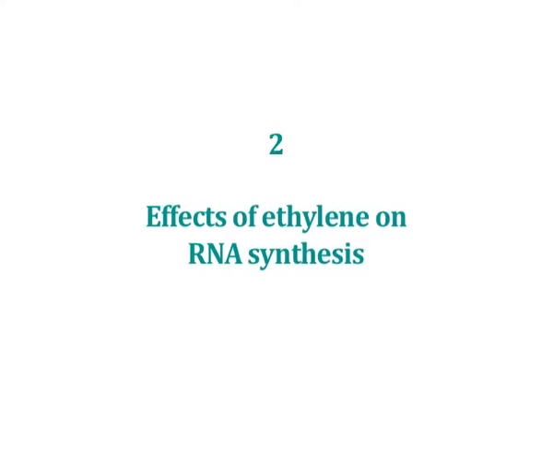The next is the effect of ethylene on RNA synthesis. In some fruits like apples, ethylene has been shown to increase RNA synthesis followed by an increase in protein synthesis. However, the increase in RNA synthesis could not be observed in pre-climacteric bananas or avocados treated with ethylene.